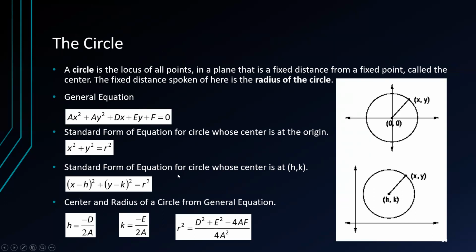For a circle whose center is at (h, k), we have (x minus h) squared plus (y minus k) squared is r squared. What are the center and radius of a circle from the general equation? h is equal to negative D over 2A. k is equal to negative E over 2A. r squared is equal to D squared plus E squared minus 4AF over 4A squared. When this is given, convert it there.